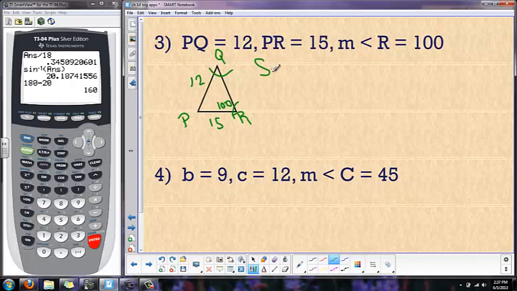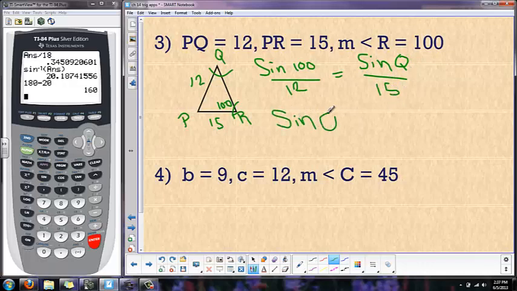Sine of 100 divided by 12 is equal to the sine of Q divided by 15. So you can write it out if you want, but I know that if I'm going to cross multiply, I'm multiplying that times that, and then I'm going to divide by 12.